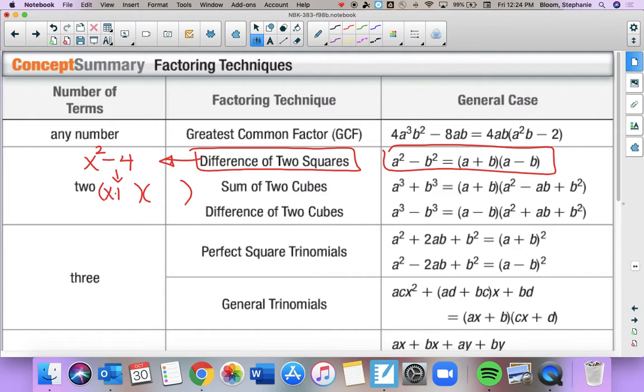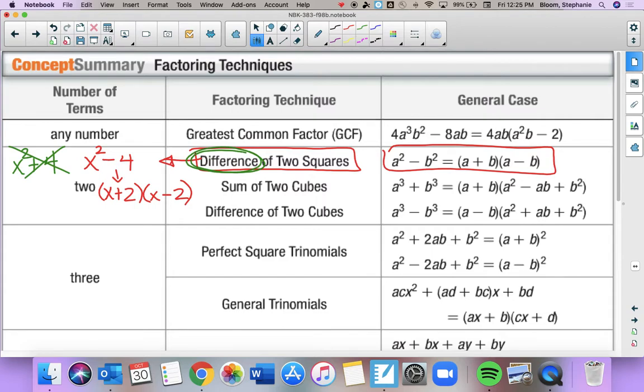X plus 2, x minus 2, yes. So pay attention to perfect squares. Don't just get caught up with cubes. And it only works for subtraction. So if that were x squared plus 4, you can't factor it. You're done. It just stays x squared plus 4. Okay?